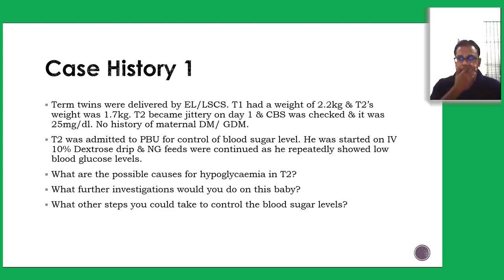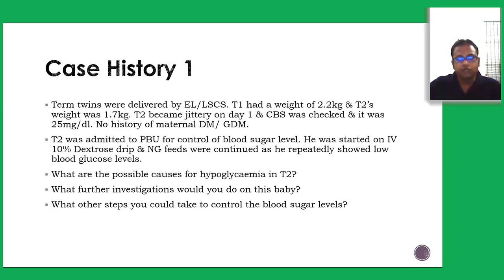So what further investigations would you do on this baby? Investigations, actually, you can divide into 2 basically. One related to the hypoglycemia. So as you know, if a neonate is having hypoglycemia, first we have to confirm that hypoglycemia.